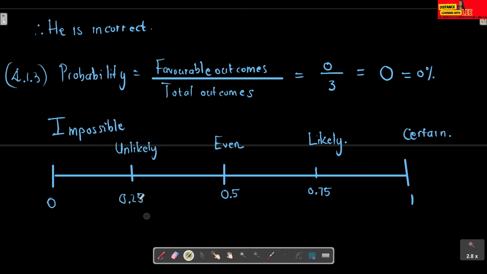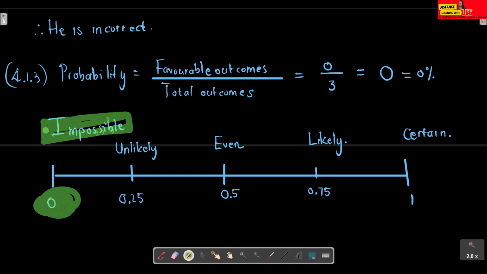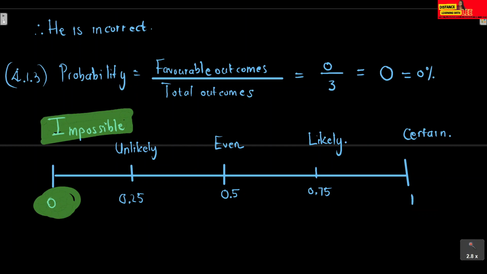So in this case, because the probability of selecting 8,473 on the 75 years and older category is 0, we can conclude that it's either 0% or impossible. Based on our probability scale, we can conclude that from the 0 that we've obtained.